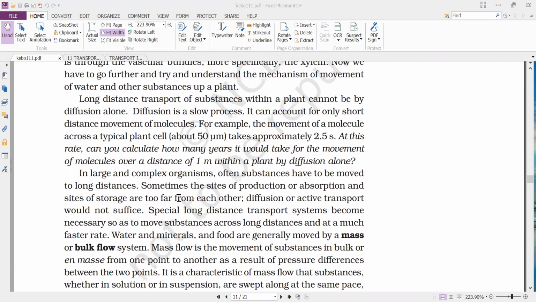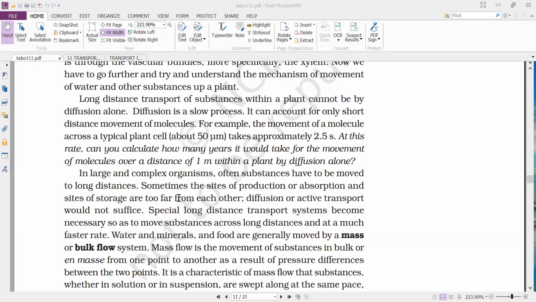We all know why they are storing in the roots: to protect from the grazing animals, and they also help in pollination. Like this there are different reasons they are storing in the roots. So sometimes the sites of production or absorption and sites of storage are too far from each other. So for that also they need to be transported.